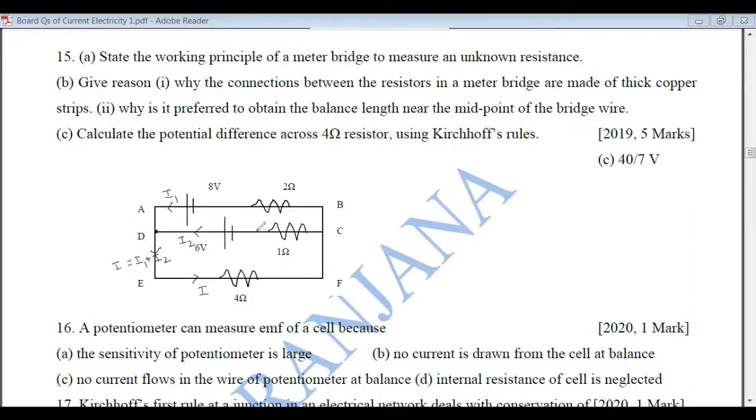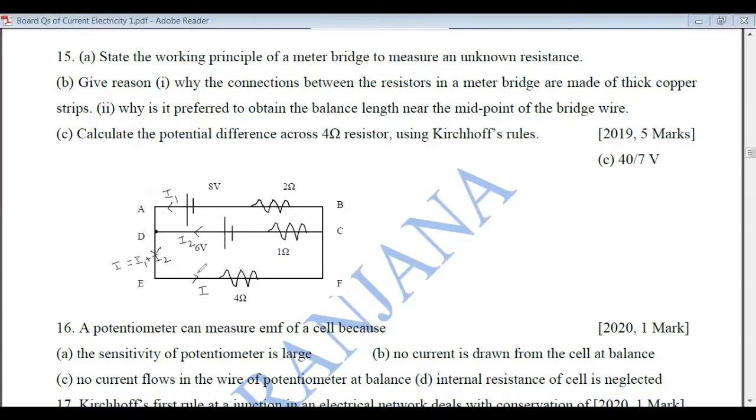Now here we have to apply the Kirchhoff's rule in the loop A, B, C, D, A, then in the loop B, C, F, E, D, in order to get the current I. If we get the current I, then we can find out the potential difference across this 4 ohm resistor. The potential difference across the 4 ohm resistor will be equal to I into 4.